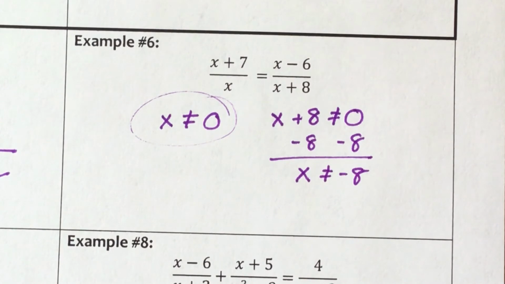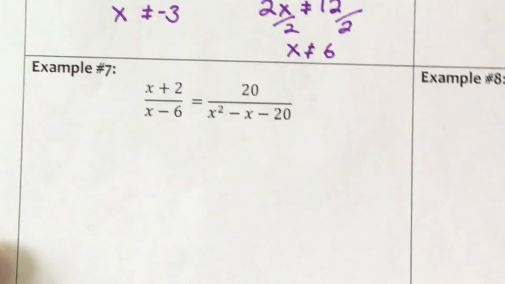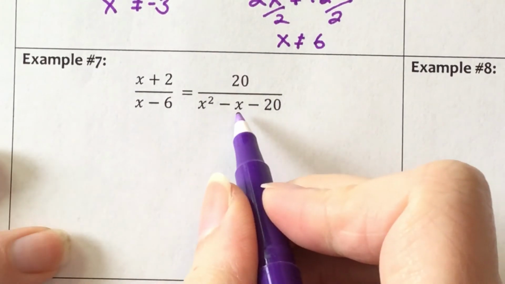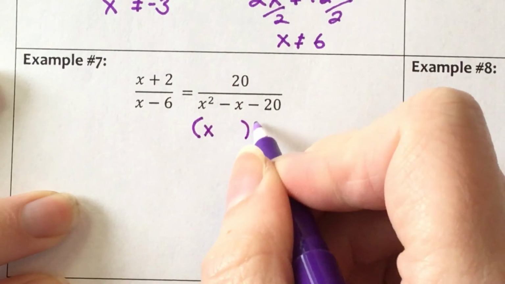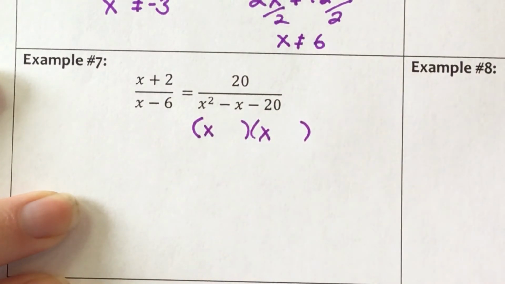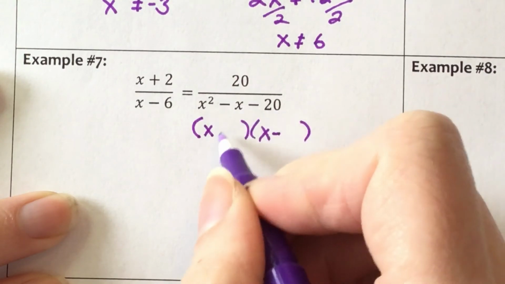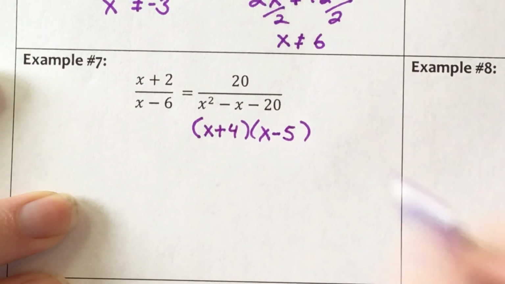Number 7 and number 8 are going to be easier to solve for extraneous solutions if you factor the denominator. So let's try factoring this x squared minus x minus 20. This is a shortcut problem. We need negative for the big number, opposite sign for the small number. Looks like +4 and -5.